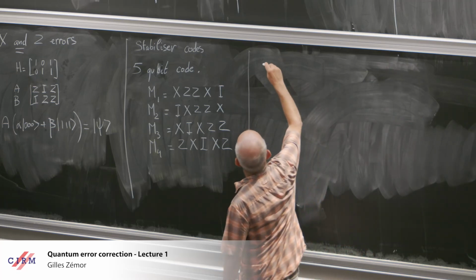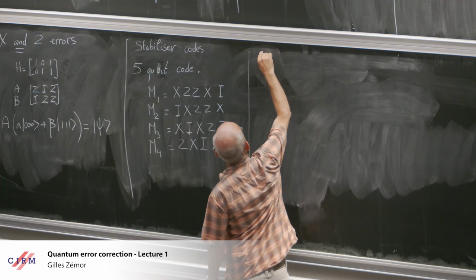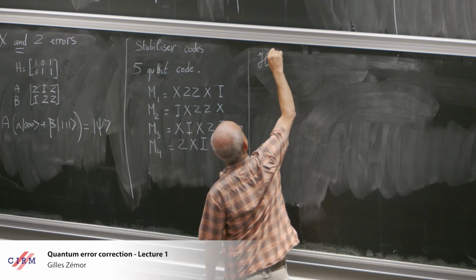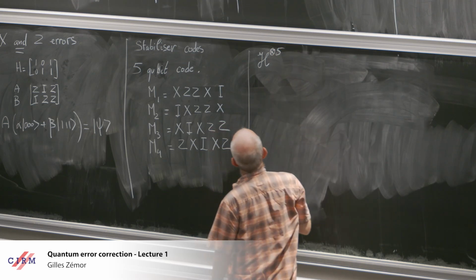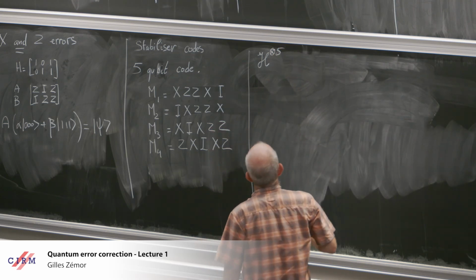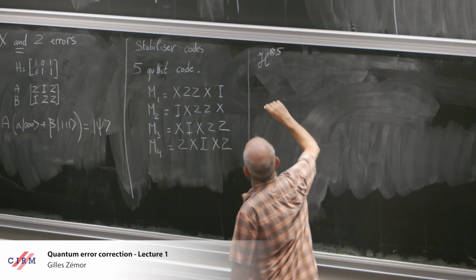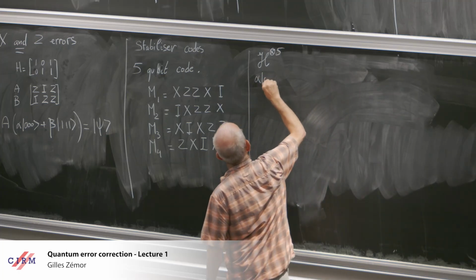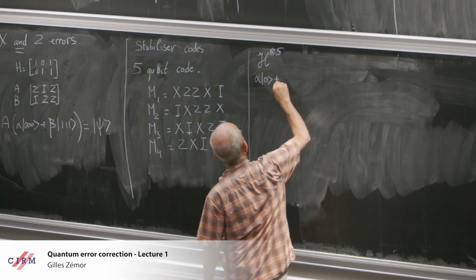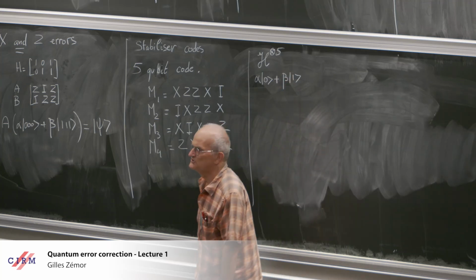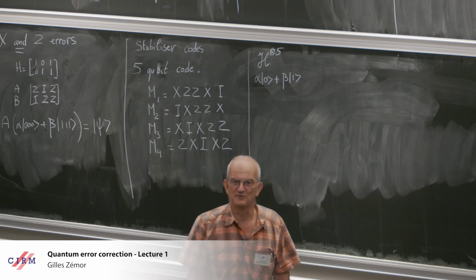So this quantum code is a set of states that is going to live in H tensor 5. So what does it look like? It encodes 1 qubit. So you start from some qubit in general position as before, like this.